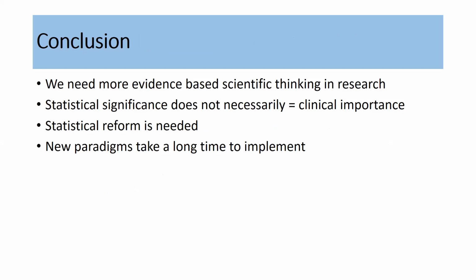It's very important to define a priori what you mean by clinical importance and to look at your results and see whether they have met that criteria of clinical importance, as well as or in conjunction with the statistical signal or the p-value that you get. Statistical reform is needed, but these paradigms have been in place for a very long time and they're so ingrained that old habits are often hard to break and it's going to take a long time to implement.